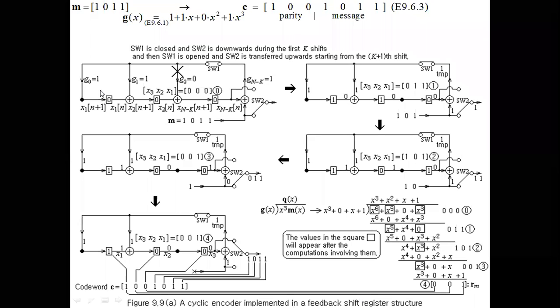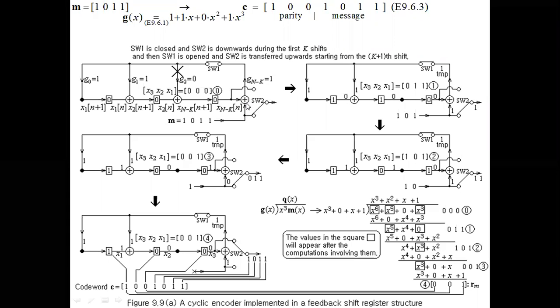So once the connection is established between the modulo 2 adder and the register via SW1, the second switch is placed in the down position.